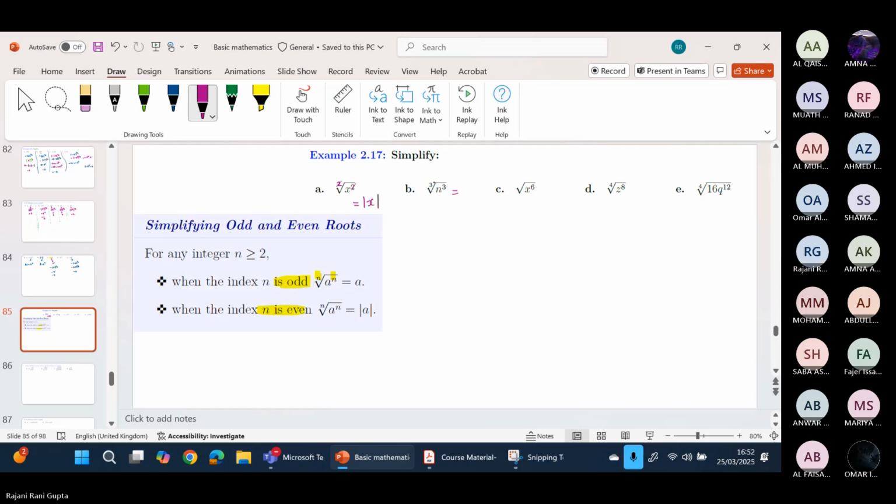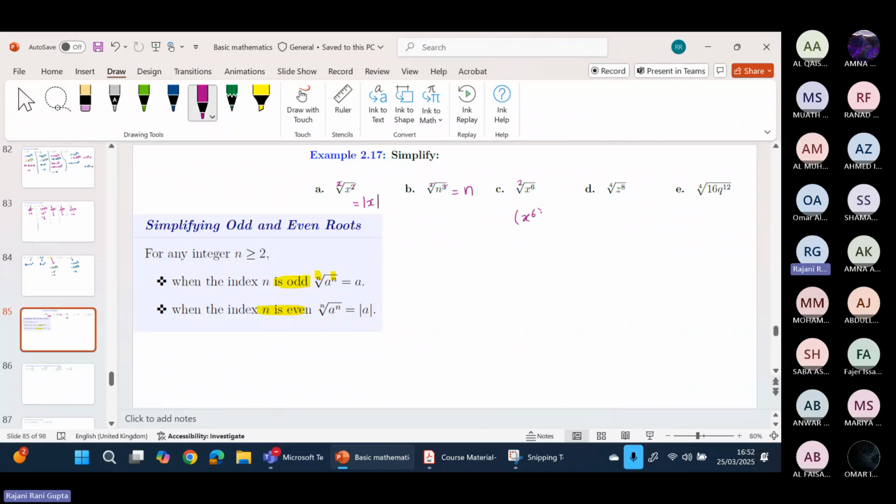Here, 3 and 3 cancel, but you write x. In this case, it is x power 6, power half. So it gives you x power 3 power 2, power half. So x power 3, correct? But yes, the power is, okay, wait. What is the index here? Nothing means 2.